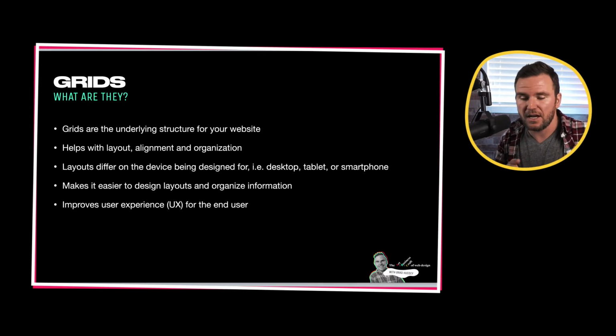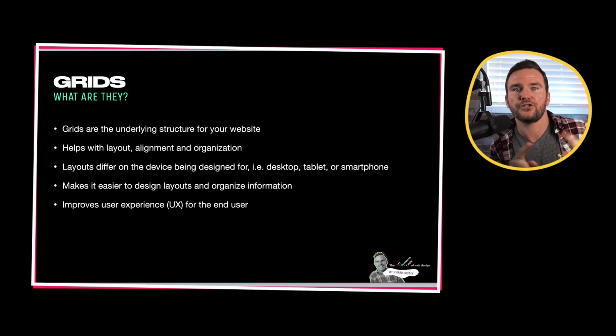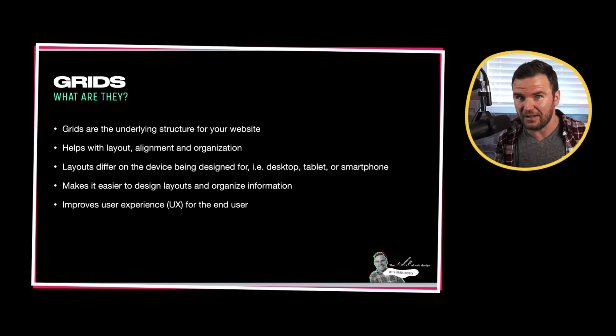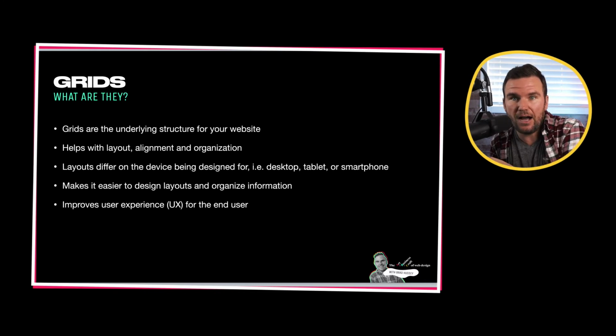The layouts will differ depending on the device. At one point, websites were only viewed on desktop computers with a square screen dimension, and they used tables for layouts. Tables, like if you were to open Google Sheets or whatever and create a spreadsheet. That's how web design used to be created, for layouts.